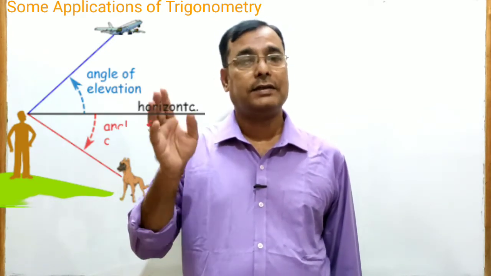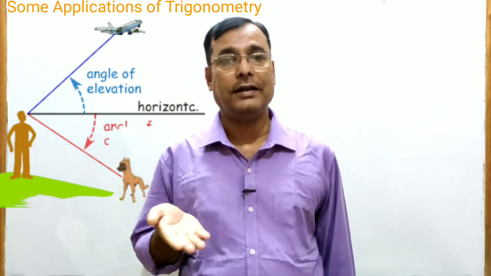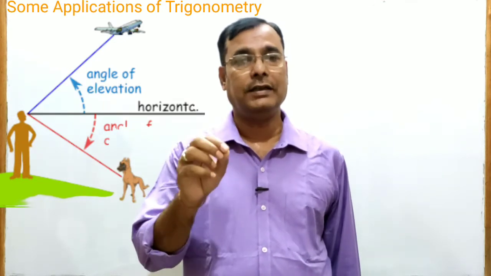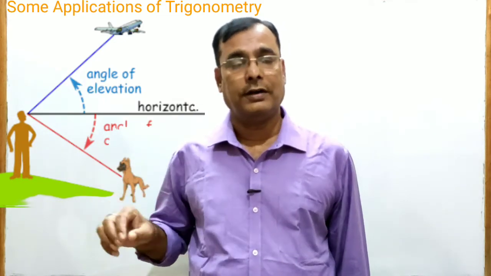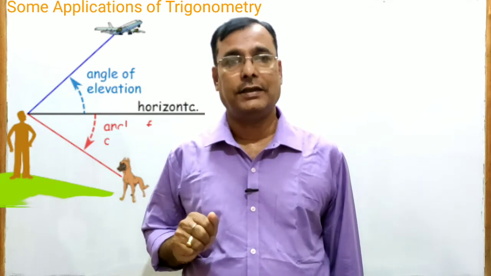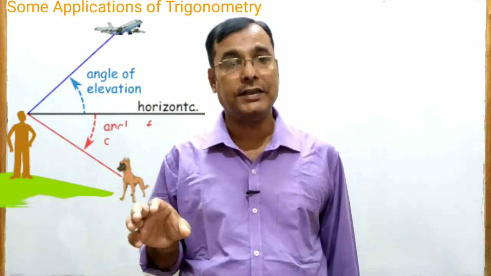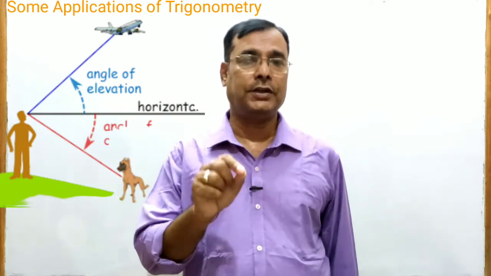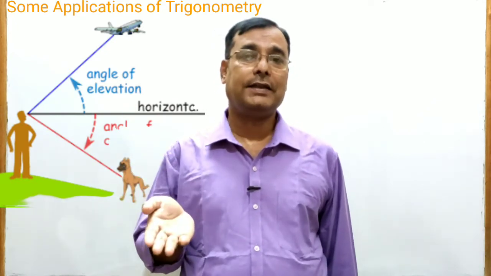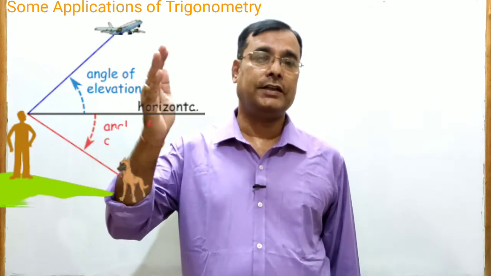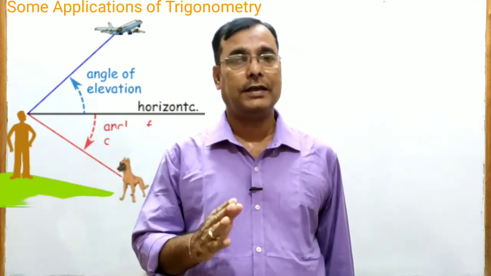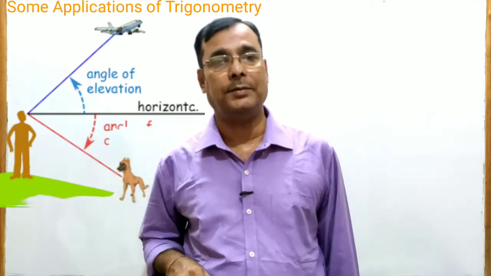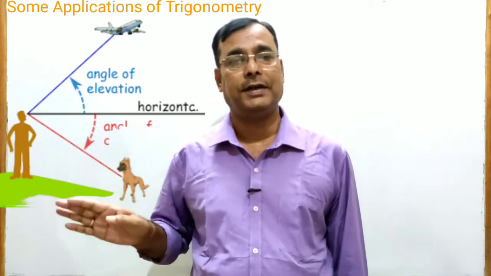When he looks at the aeroplane, the angle of elevation is formed above the horizontal, and when he looks at the dog below the horizontal, the angle of depression is formed.